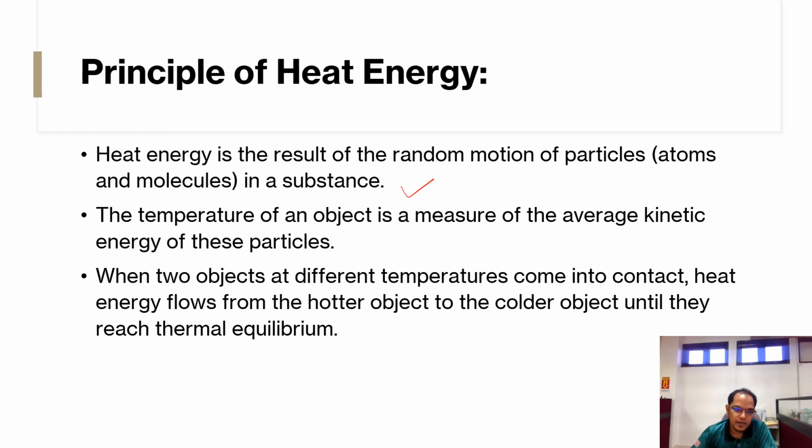Okay. And then the temperature of the object is a measure of the average kinetic energy of these particles. When two objects at different temperature come into contact, heat energy flows from the hotter object to the colder object until they reach thermal equilibrium. Alright.